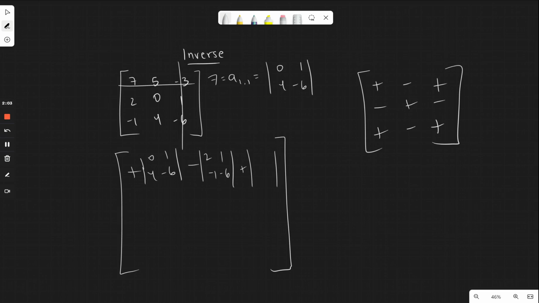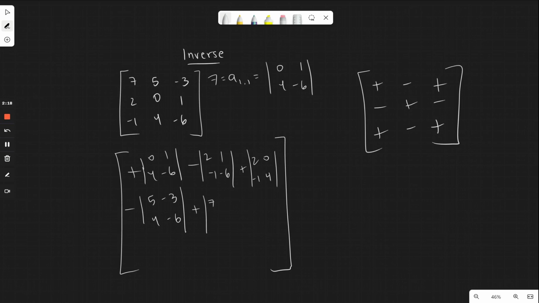We cross these out. We're left with 2, 0, -1, 4. This is negative, and we cross these out. We get 5, -3, 4, -6.